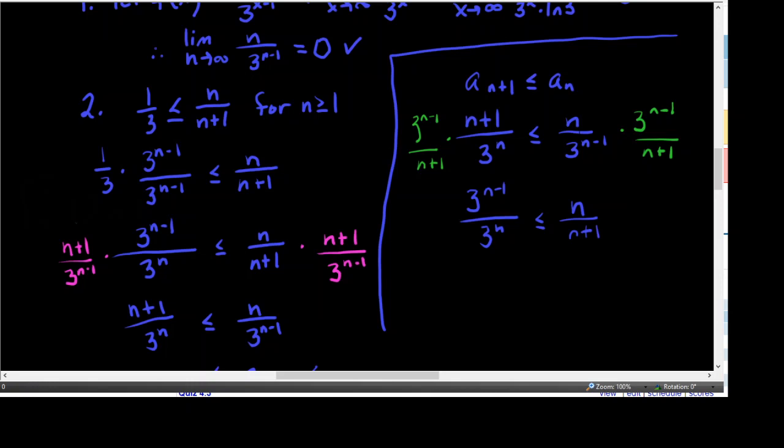On the left side, to divide powers that have the same base, you keep the base and subtract the exponents. N minus 1 minus n is negative 1. And then writing that left side without a negative exponent is this.